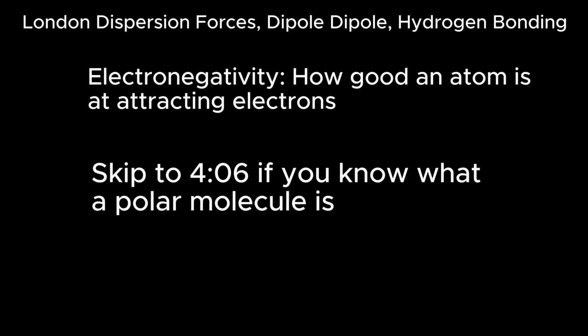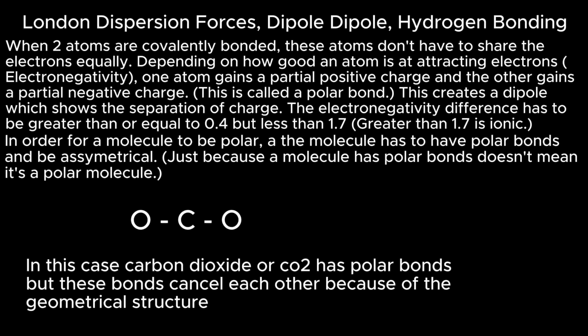The reason is the electronegativity difference. Electronegativity is just how good an atom is at attracting electrons. And if the atom's better at attracting an electron than another atom, then this is what we call a polar bond. So the electronegativity difference of a polar bond has to be equal to or greater than 0.4 but less than 1.7.